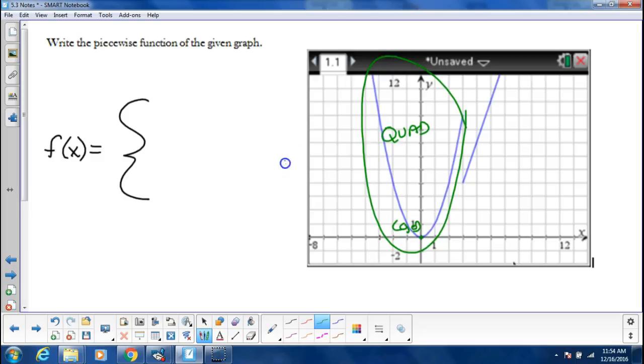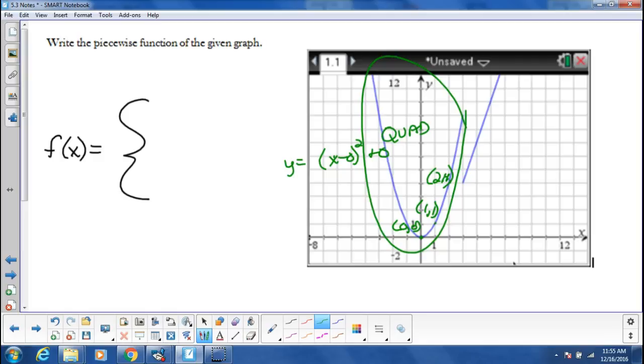So that's going to be y equals some a value times x minus 0 quantity squared plus 0, right? Now, we go through that point. Ooh, that's good because that's the point 1, 1, and that's the point 2, 4. So what's my a value? 2. No.